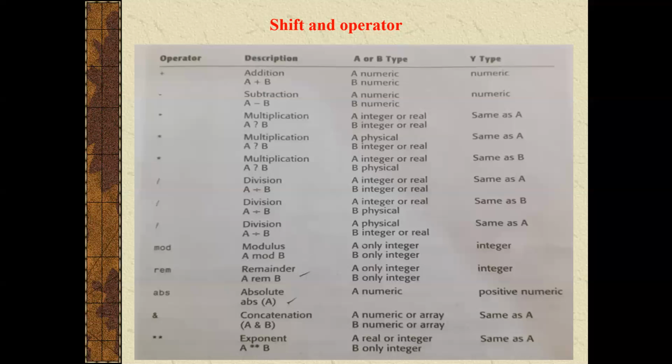The VHDL shift operators are discussed in this figure. Here shift operators are unary operators and they operate on a single operand, and to understand the function of these operators, assume operator A and B are bit vectors.